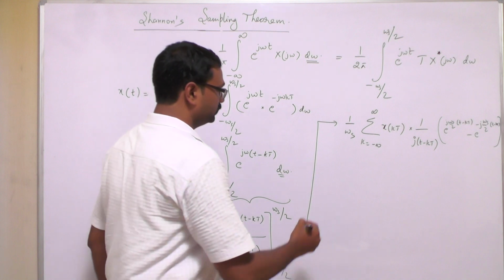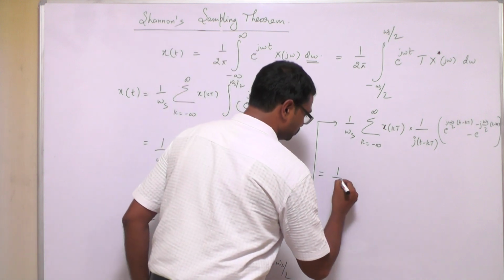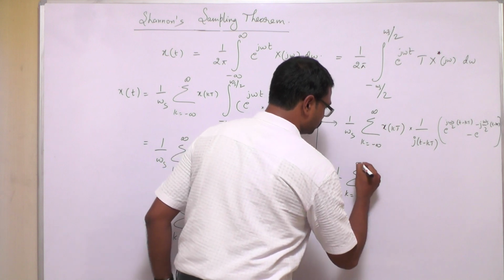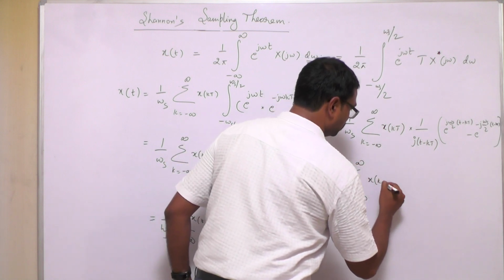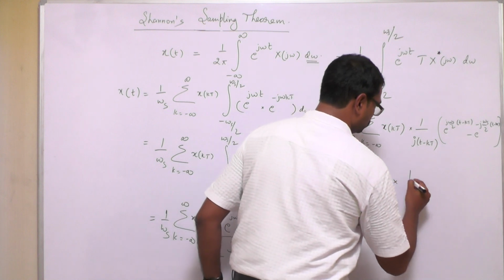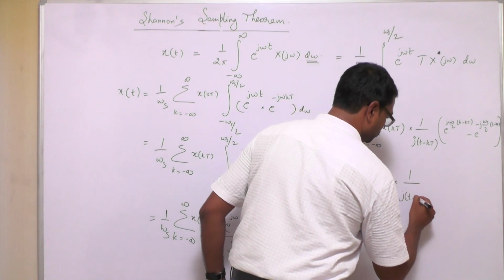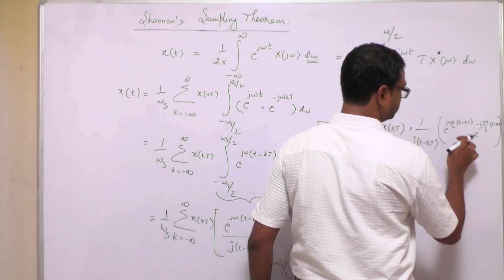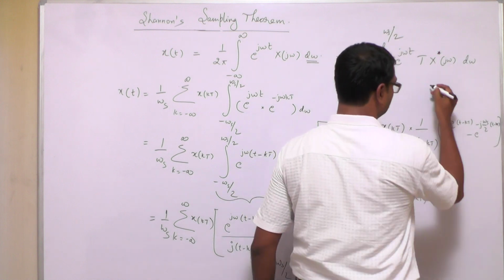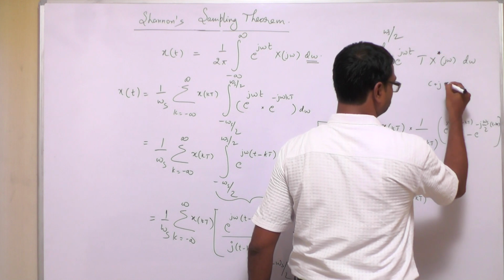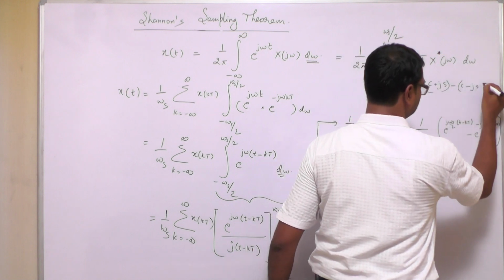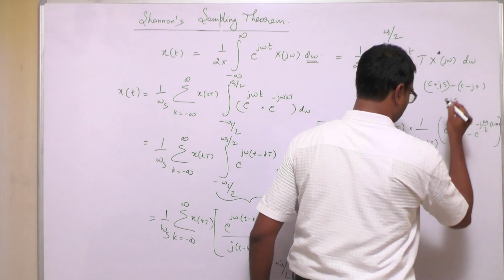Therefore we are having this as 1 by omega s sigma k from minus infinity to infinity x of kt into 1 by j t minus kt, and this is e power j theta minus e power minus j theta. You have cos plus j sine minus cos minus j sine, you have 2j sine.